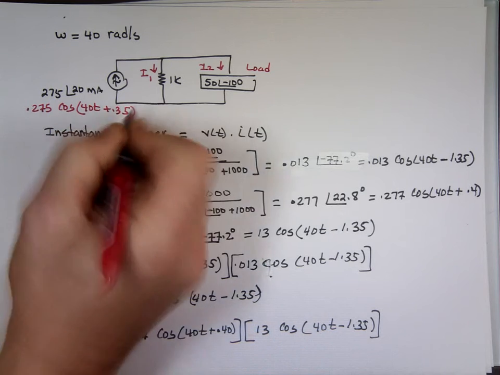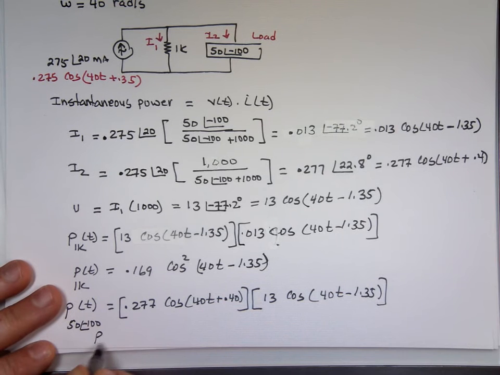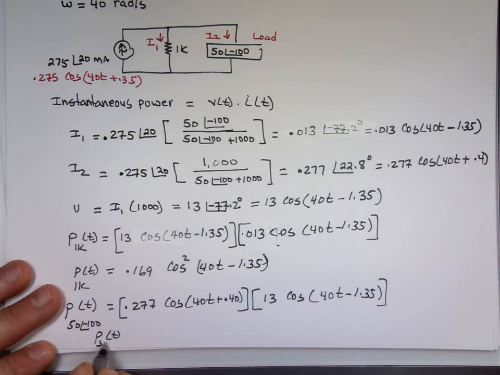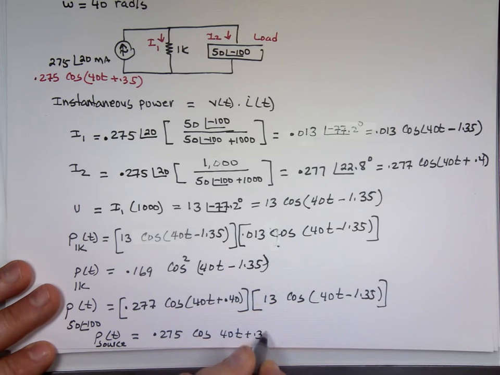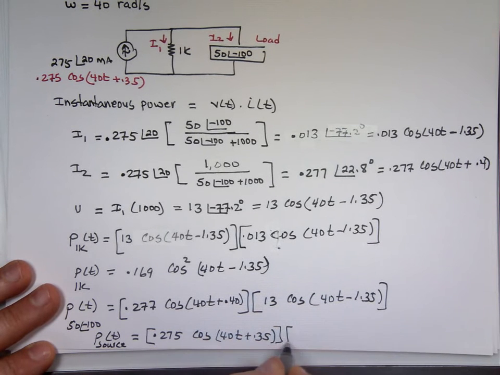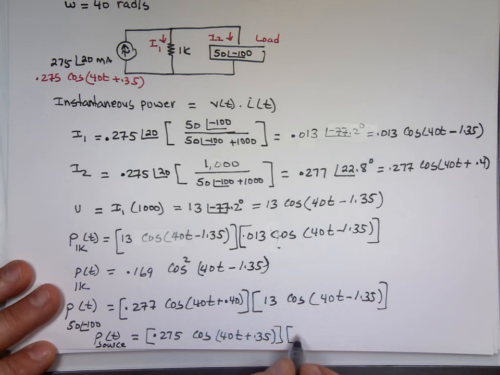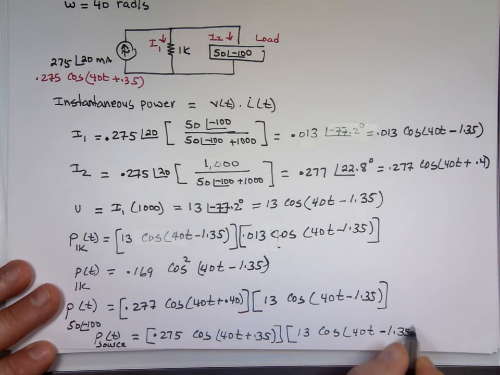So the power by the source is going to be the current, 0.275 cosine (40t plus 0.35), times the voltage, which is what? 13 cosine (40t minus 1.35). So we found the instantaneous power for each one of these.